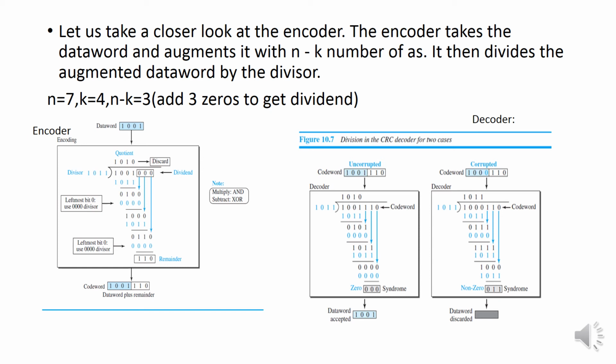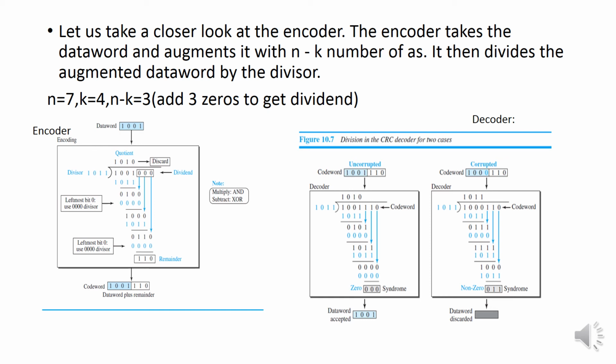As I said, we generate the code word by adding the remainder to the data word. Our old data word was 1001, and we added the remainder 110 at the LSB position. So now our new code word becomes 1001110.